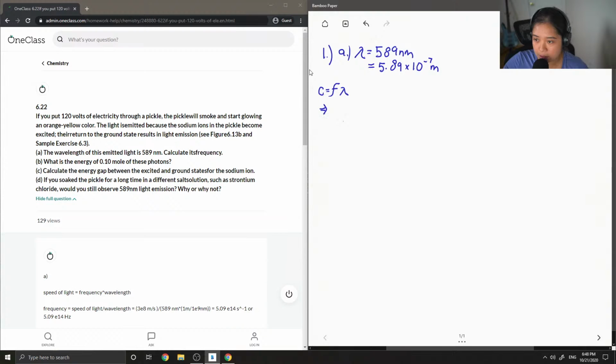So let me just rewrite this equation, since we're looking for frequency. And then the reason I wanted to convert from nanometers to meters is because the speed of light constant is in meters per second.